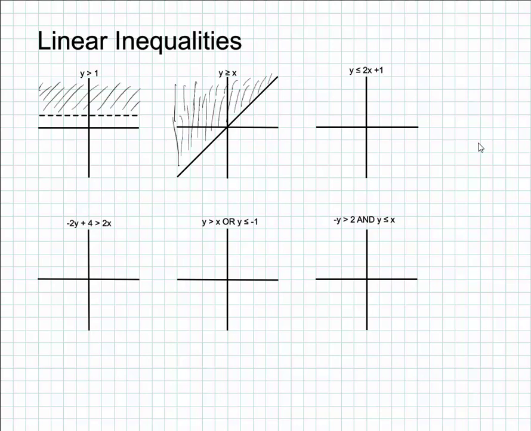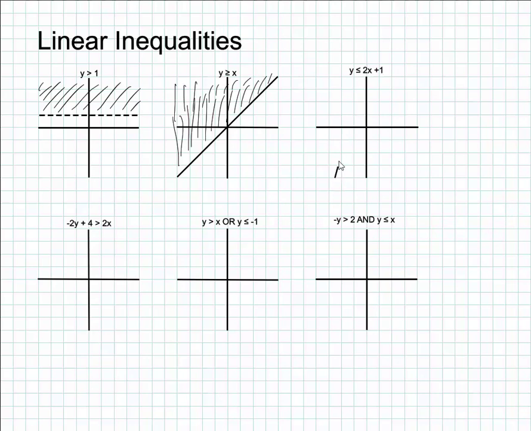Let's look at the graph for the inequality y is less than or equal to 2x plus 1. In this example, we have a less than or equal to sign. Again, because we have or equal to, we can use a solid line instead of a dotted line. If we were to convert this to a line, then we would know that the line has a y-intercept of 1 and a slope of 2.